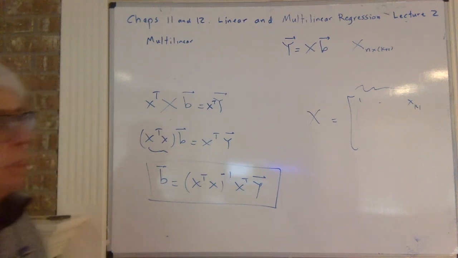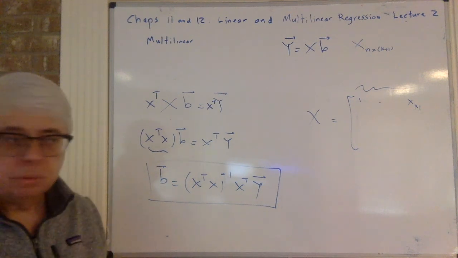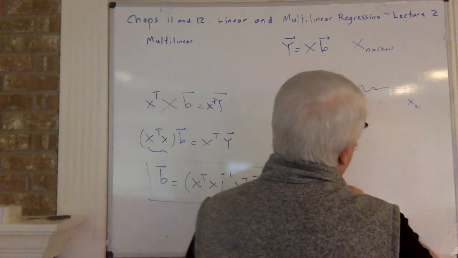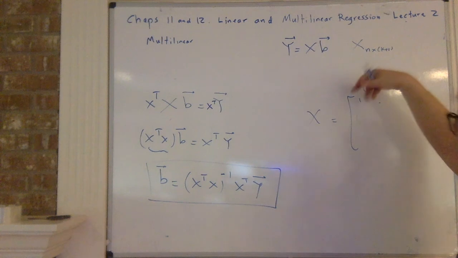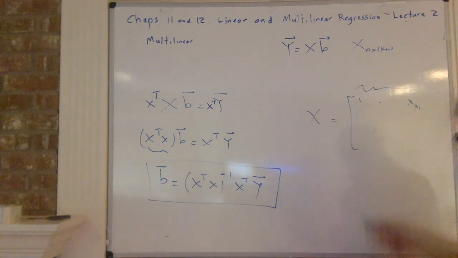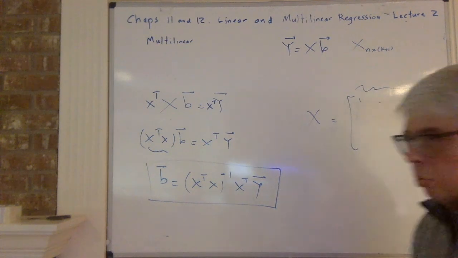So they have to use other methods to find a solution. This equation only works if the columns are linearly independent and if you have more data than predictors. So if you have 10,000 here and 10 here. But if you have 10 here and 10,000 here, then no way.